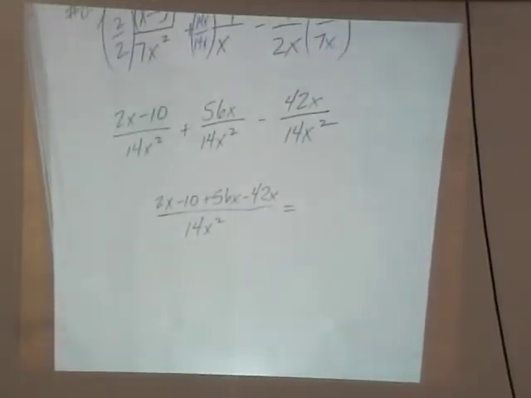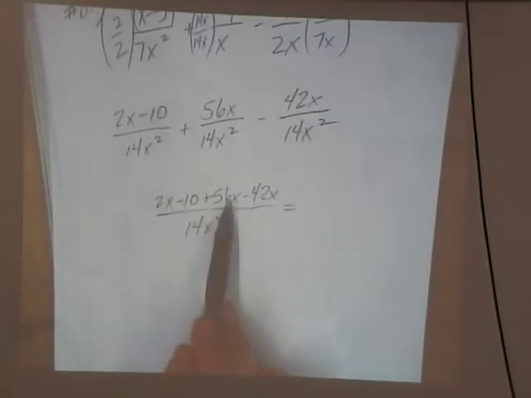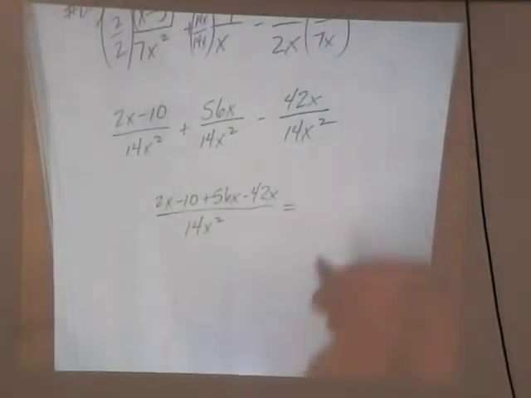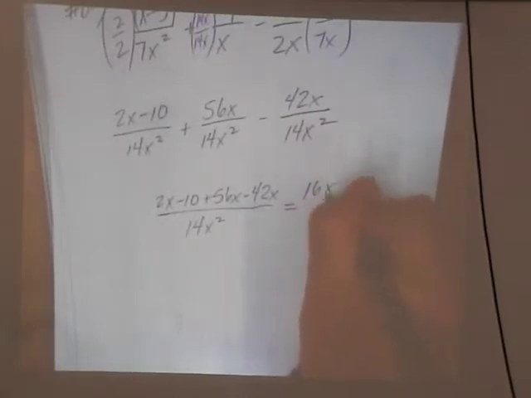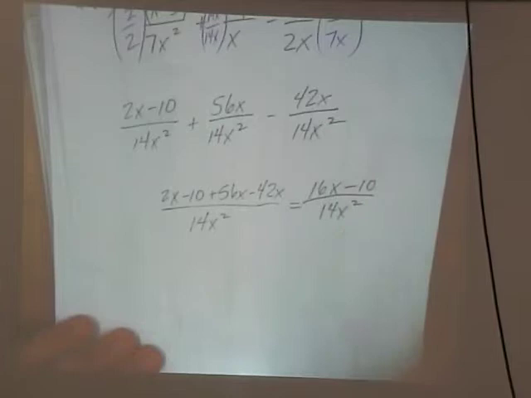Combine some like terms. What's that going to give me up top? 56 minus 42, but plus the 2. Oh, 58 minus 42? 16x minus 10 all over 14x squared.